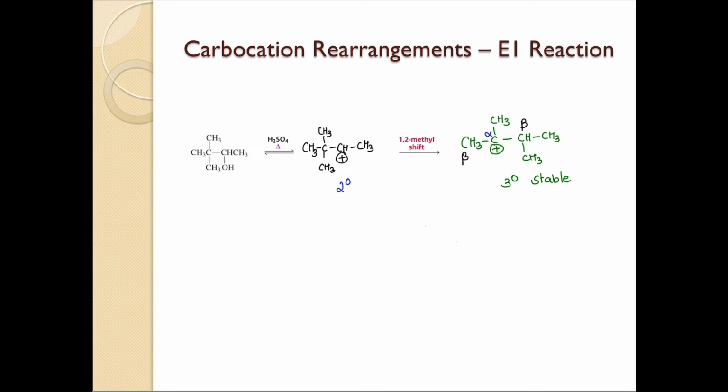Now let's find out the products here. If I abstract a hydrogen from here, then it's going to result in this product. And if I abstract the hydrogen from this carbon, then it's going to result in this as the product.